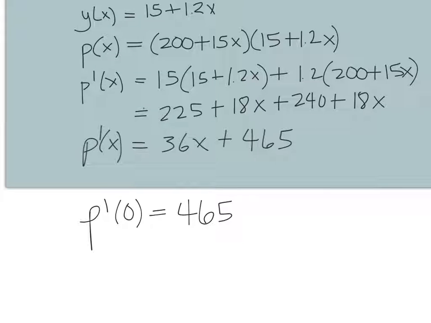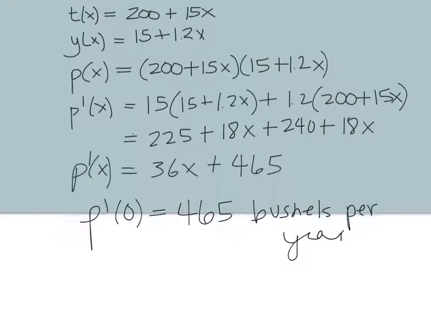What would be my units? In bushels, right? It would be bushels, and this is a rate, so it should be bushels per something. Per tree? I think it's year. If we did yield, it would be bushels per tree.